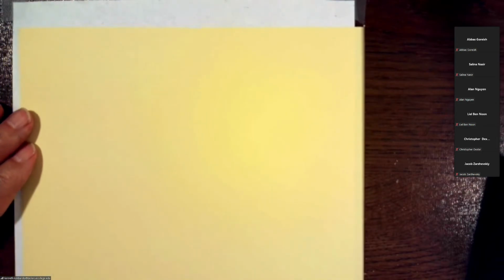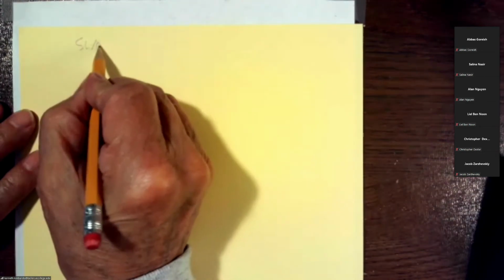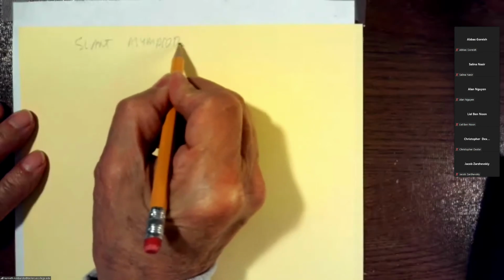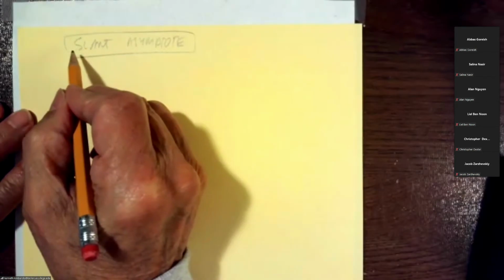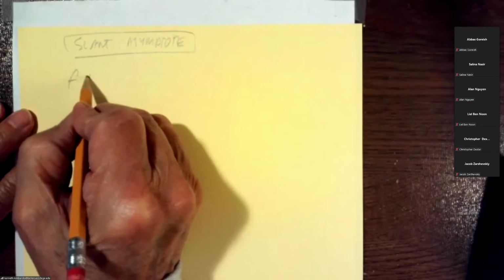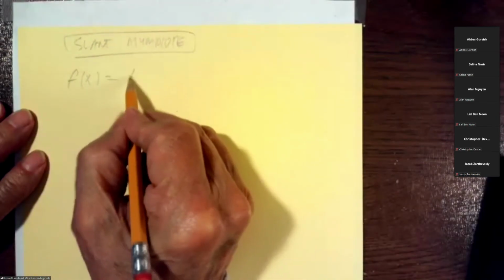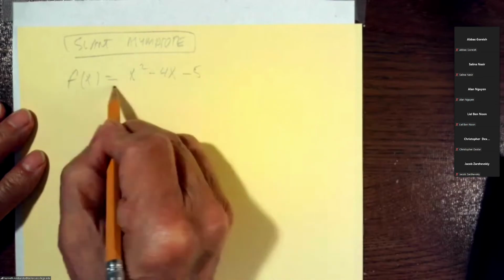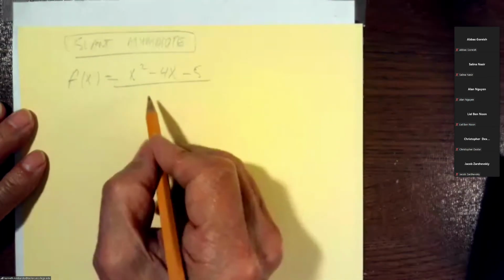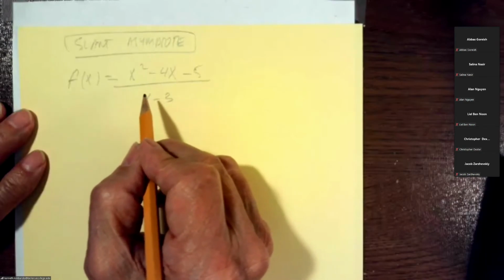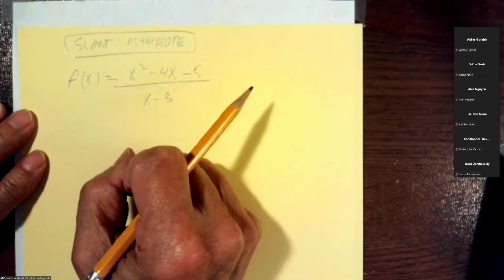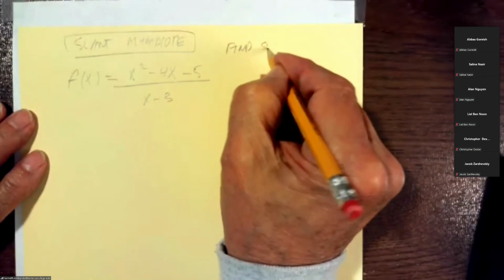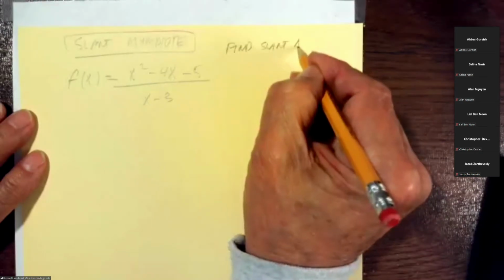Let's say I'm given the function f of x equals x squared minus 4x minus 5, and I divide that by x minus 3. And I'm saying find the slant asymptote.